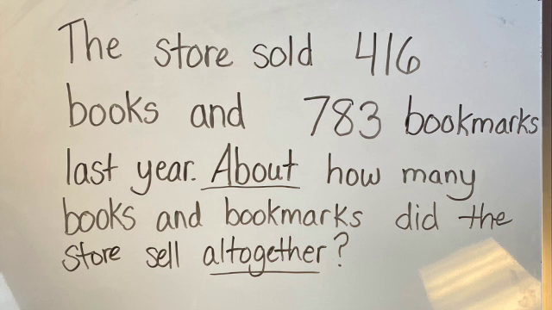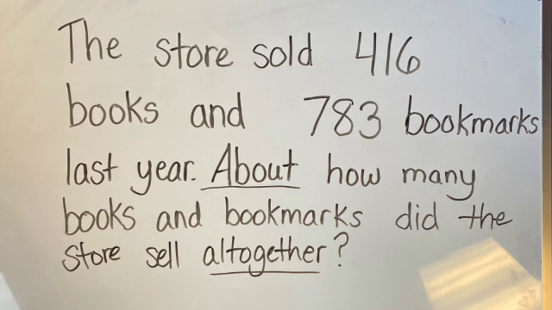So I'm going to read a problem, and we are going to test out our strategy of estimating with this problem. The store sold 416 books and 783 bookmarks last year. About how many books and bookmarks did the store sell altogether?